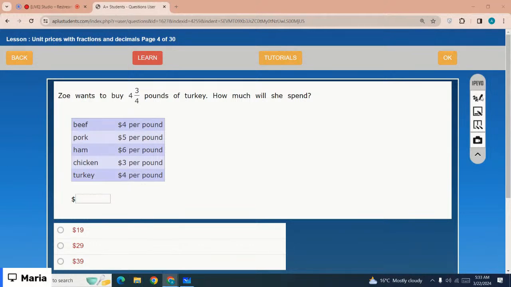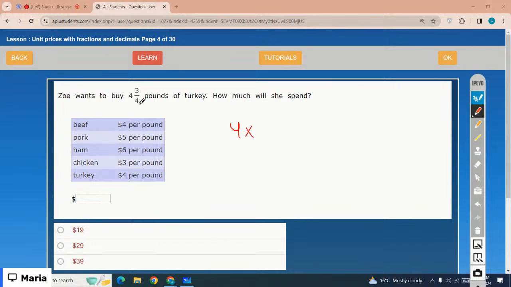Basically, I want you to do calculations on your own, right? And when you are doing calculations on your own, it takes time. That is 4 times 4 is 16, 17, 18, 19. That is 4 times 19 over 4. So, which is the correct option?